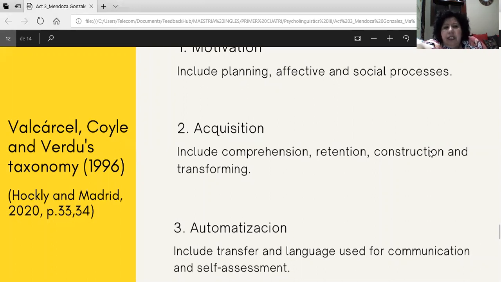Then you can see that both the Oxford taxonomy and the taxonomy of Balcárcel, Coyle, and Verdus have some points that are similar, but they are divided in different parts. And all of these elements also have a lot of strategies and techniques to be achieved.